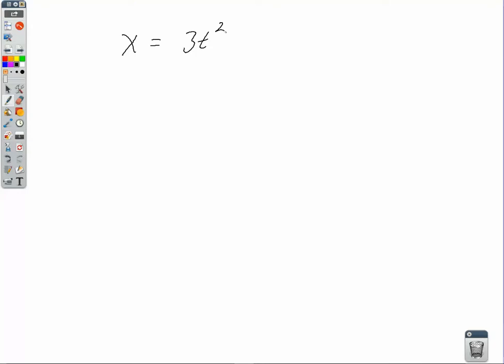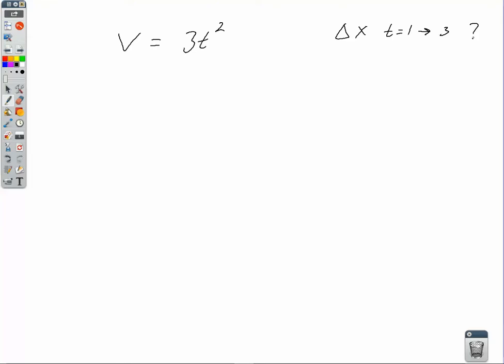And let's say that we want to know, oh no, sorry, we can't have a position function here. We need to have a velocity function if we're going to talk about the area being the displacement here. Okay, so let's say that we want to know what is the displacement from t equals 1 to t equals 3.